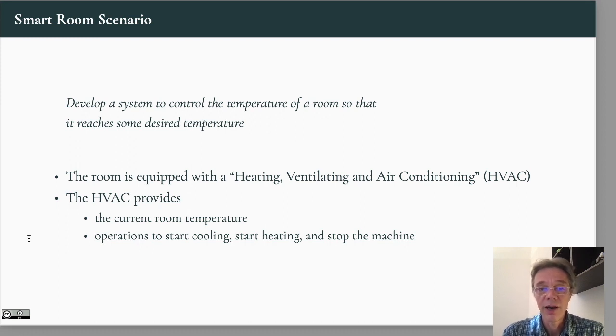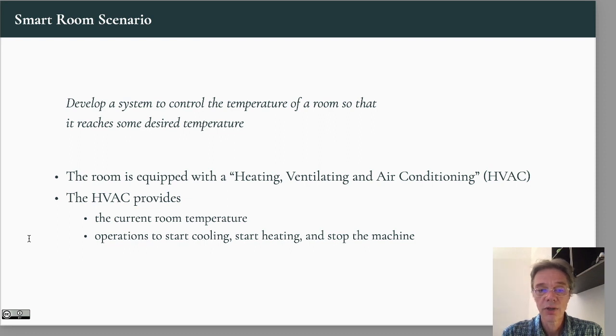And so the environment is this room, and the agent is situated there to change the current temperature to the desired one. And this room is also equipped with a kind of air conditioner that the agent can use to control the temperature, to increase it or to decrease it.